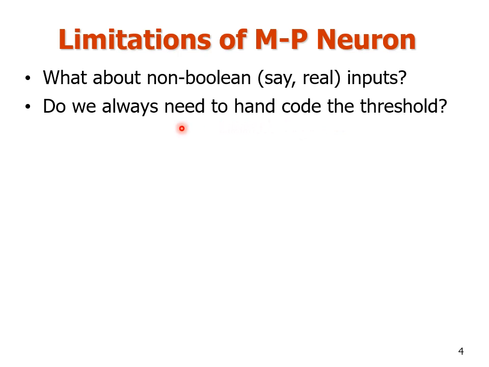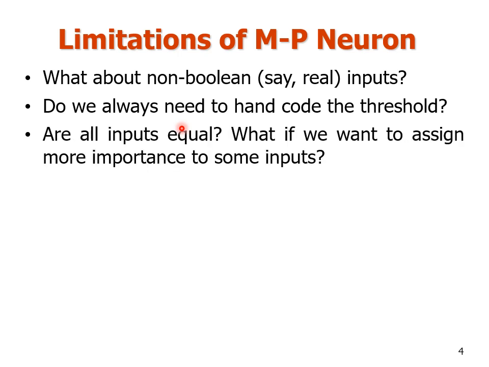Now let us go to the third problem. Whether all inputs have equal importance. What if we want to assign more importance to some inputs? In MP neuron, all the inputs are weighted equally, but sometimes some features or attributes are more important than other attributes.